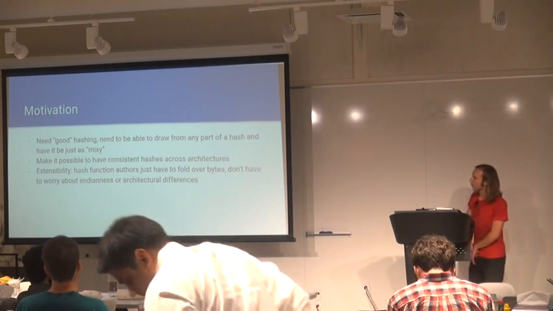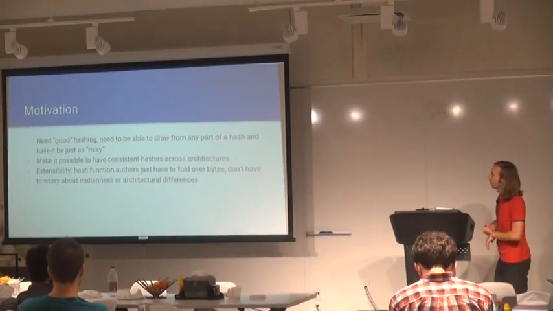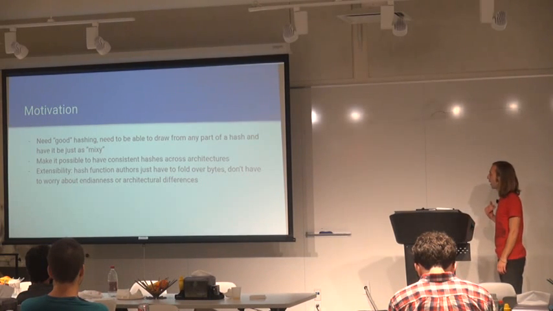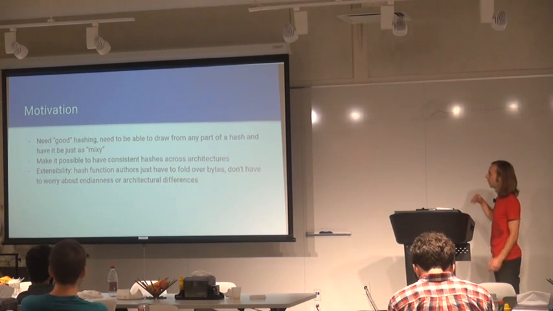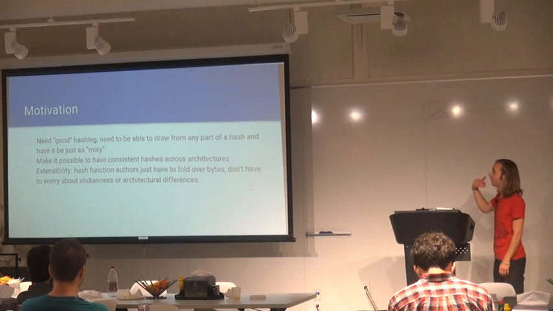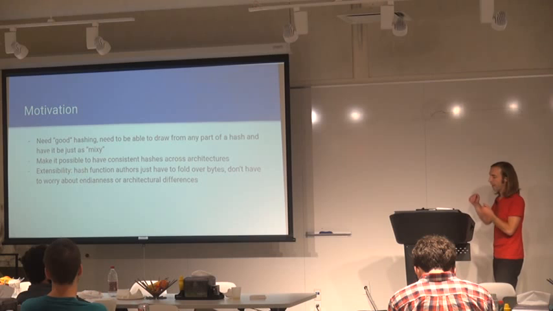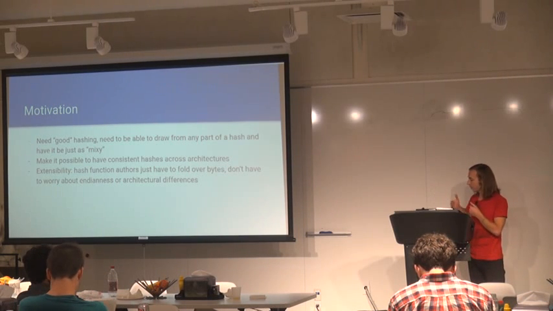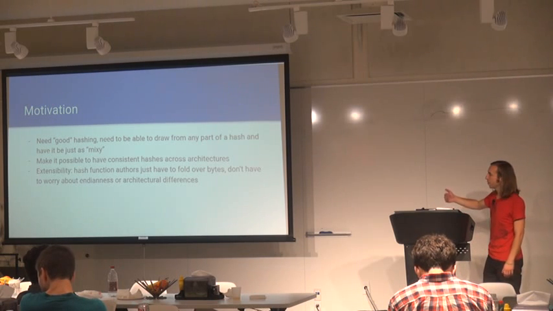Yeah, so the other really nice thing we want is extensibility. We want hash function authors to not have to think about how to serialize algebraic data types, and we don't want them to have to think about endianness or all these architectural challenges. So if you're writing a hash function, we'd love to just give you a stream of bytes that you can fold over to do your hash.